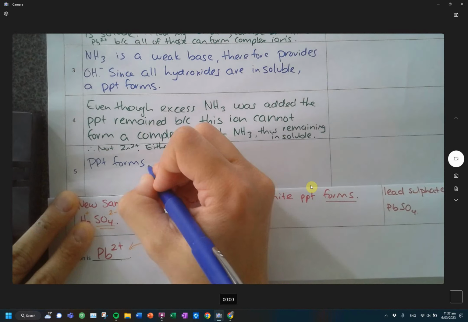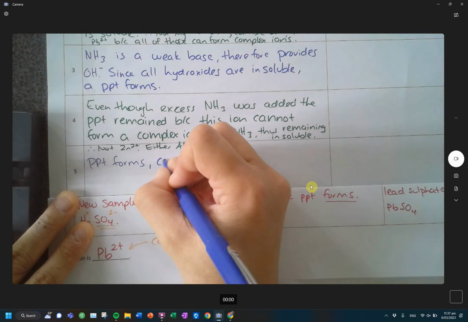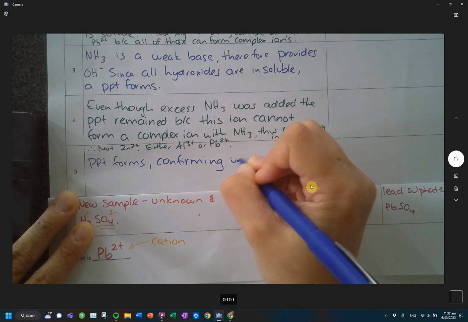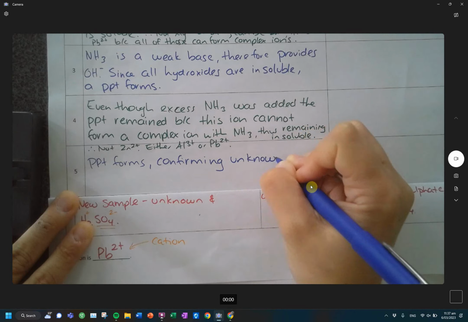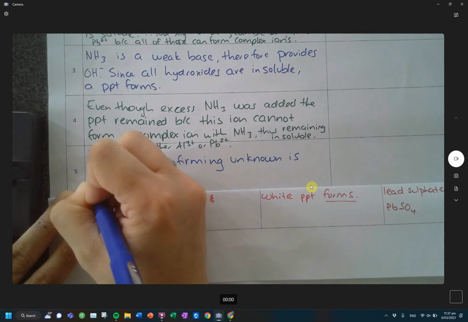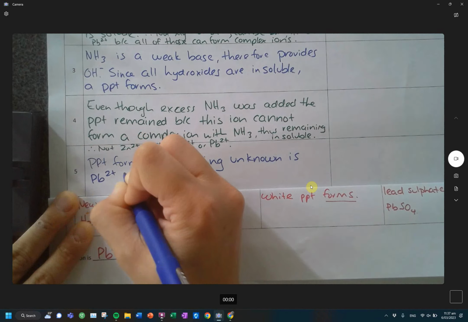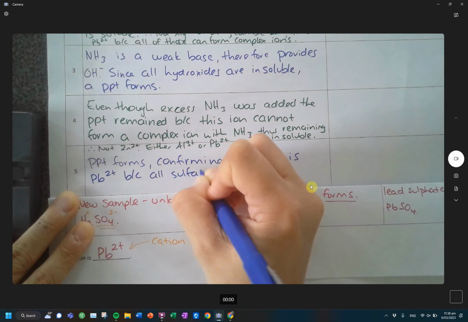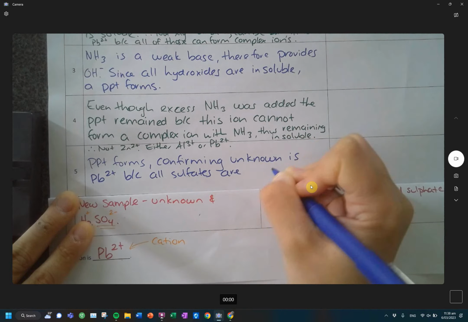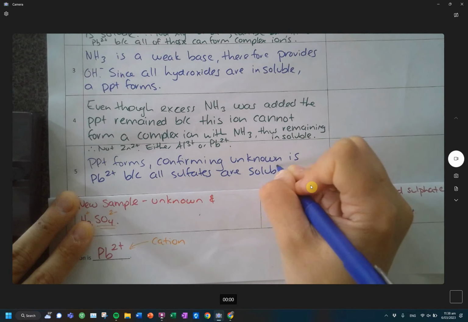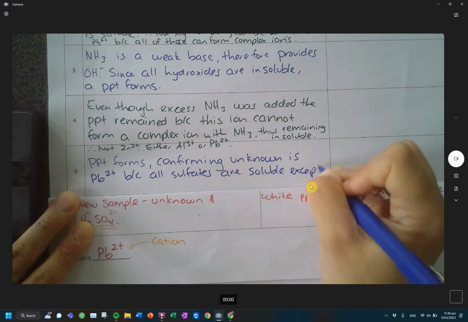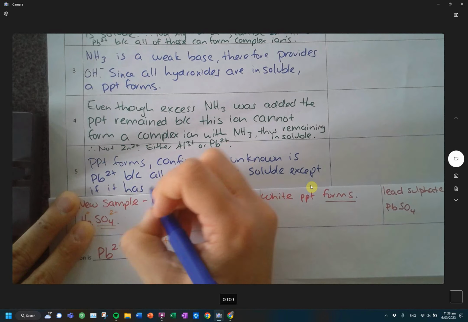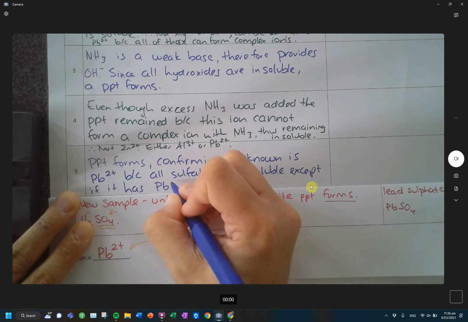So precipitate forms, confirming the unknown is Pb2+, because all sulfates are soluble except if it has lead.